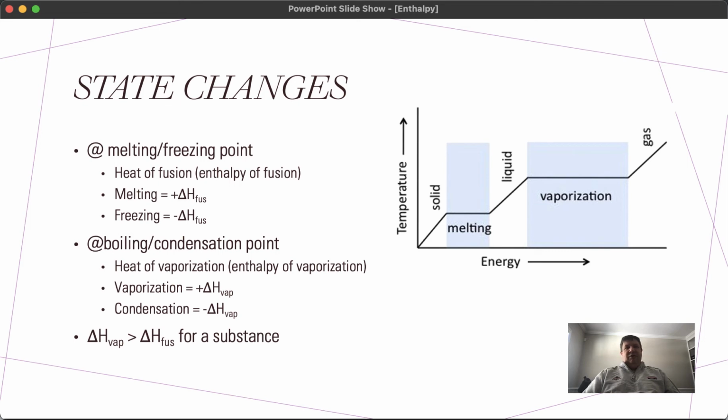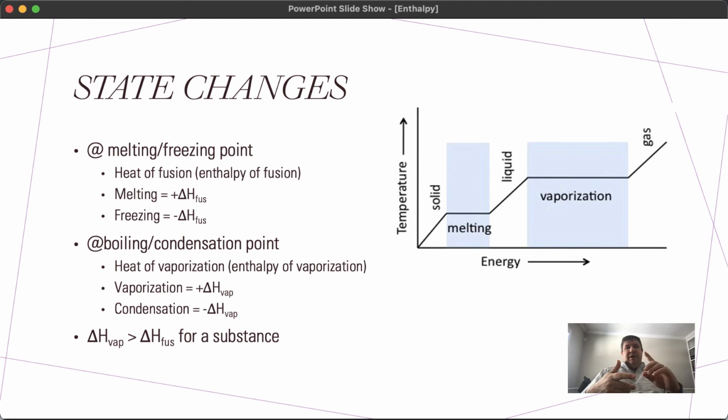If you look at this graph, you'll see the length of the line, with energy on the x-axis, which could be the time you have it sitting on a hot plate. The length of the plateau here for vaporization is significantly longer than for melting. And that's because, as we've said before, gases are a lot different than solids and liquids.